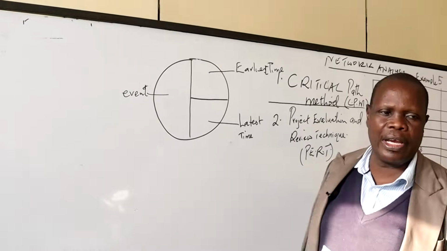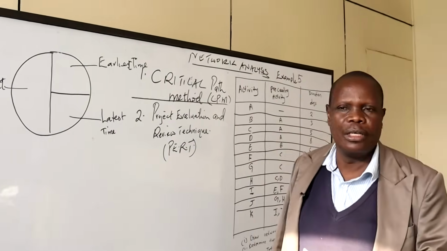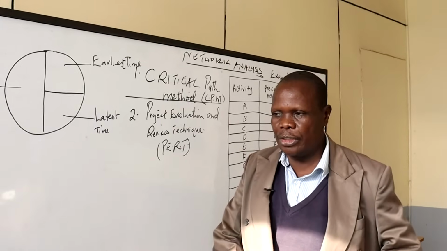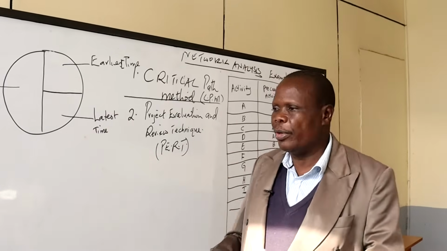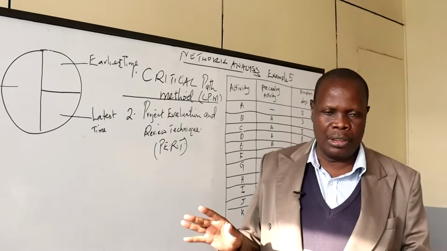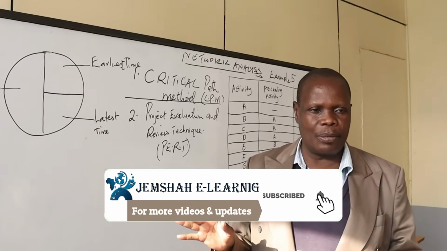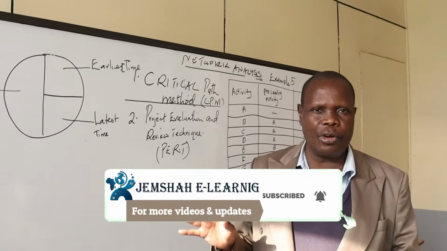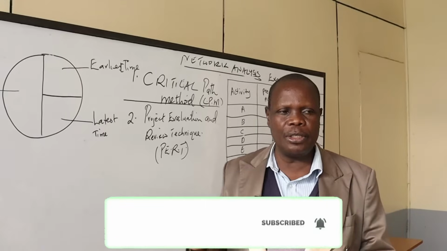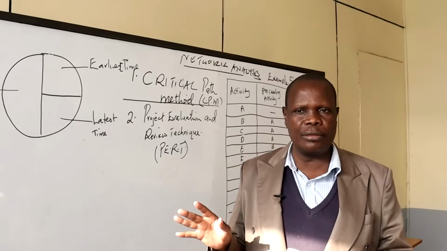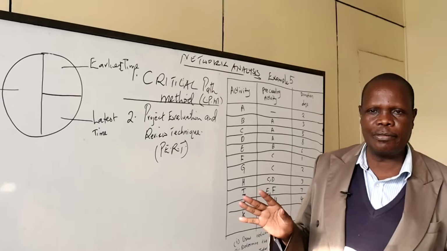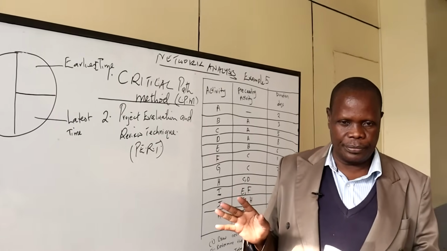Now I want to tell you how to estimate earliest time in a network. In estimation of the earliest time in a network, you add each activity duration from left to right, as I will show you when we take an example. We add each activity from left to right and pick the maximum duration till you reach the last event in the project.